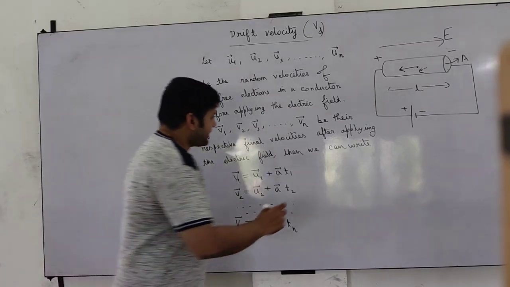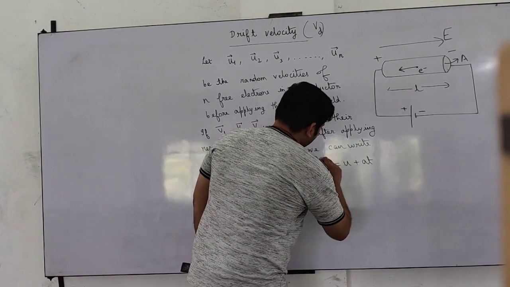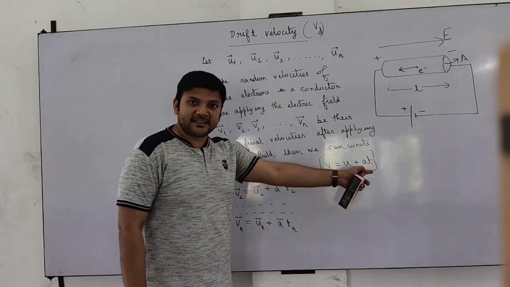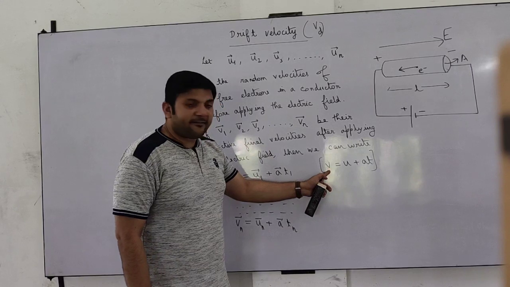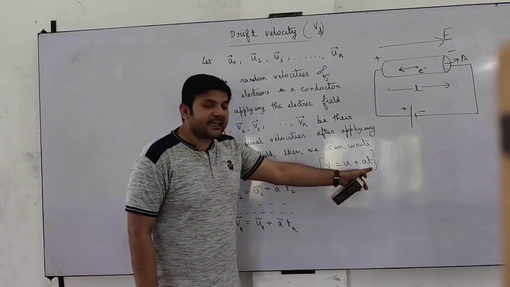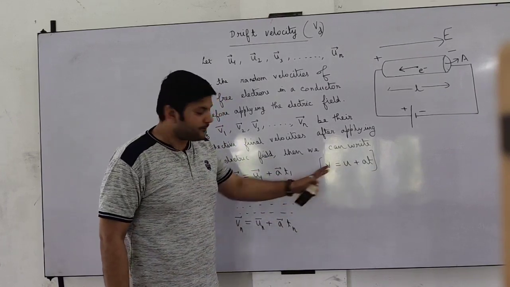How do we know this formula? V is equal to u plus at. We have learned it in class 11. V is the final velocity, u is the initial velocity, a is the acceleration, and t is the time in which the velocity changes from u to v.